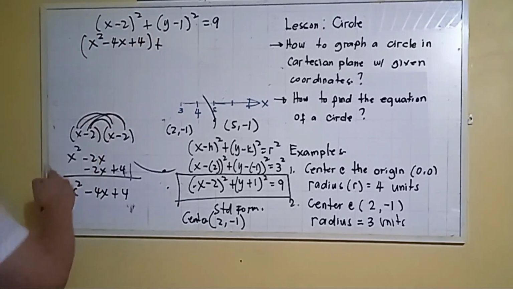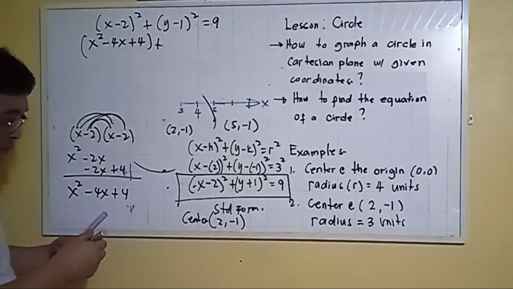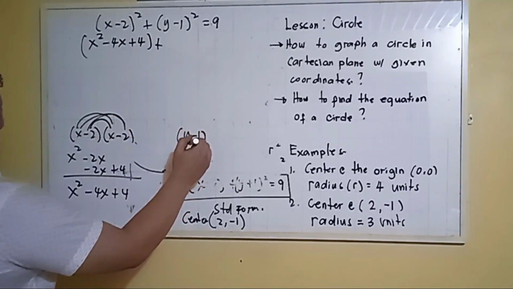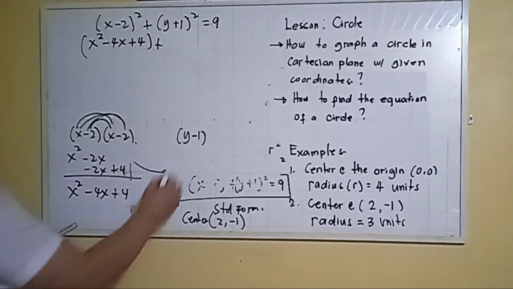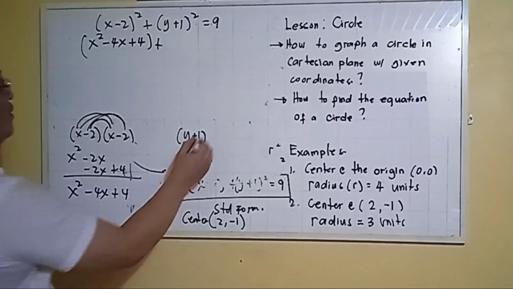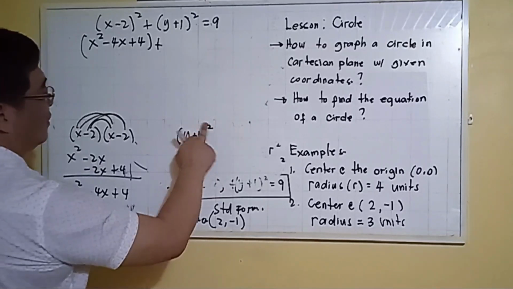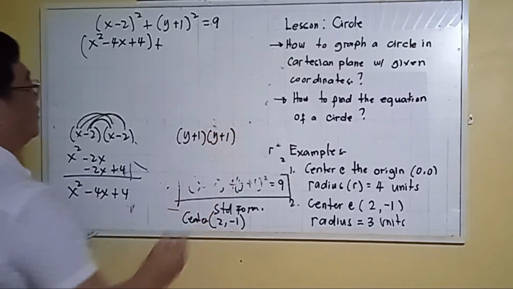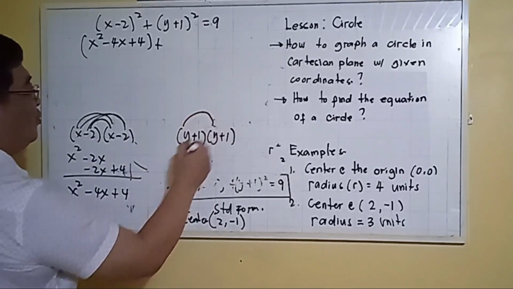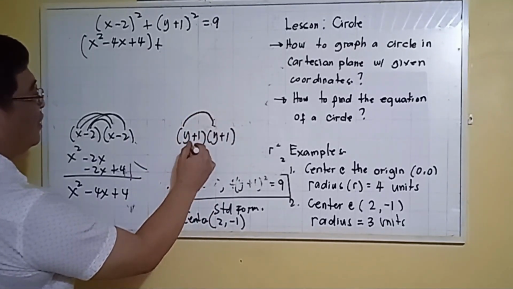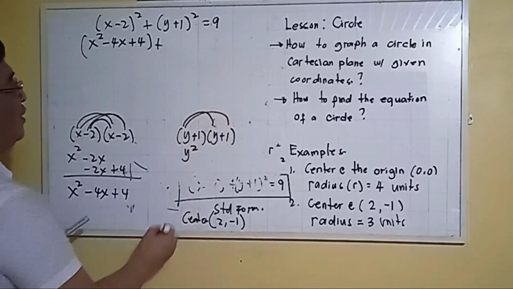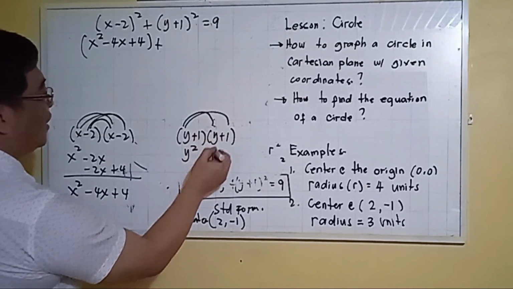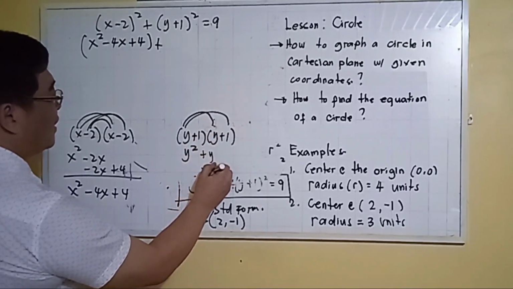And this one, so this is y plus 1. So, this is (y + 1)². So, pareho lang yan. And then, distribute. Y times y, y². Y times 1, plus y. And then, 1 times y again, positive y.